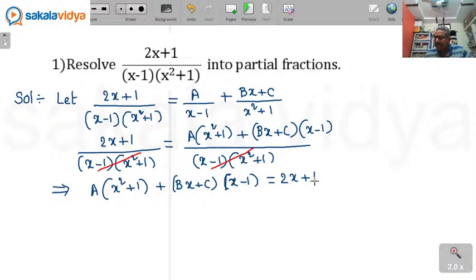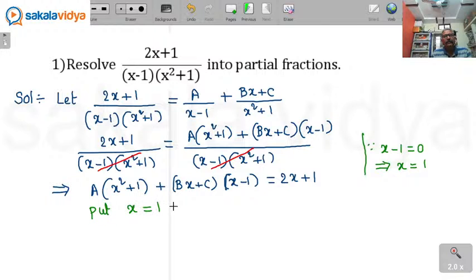So first let us proceed for the substitution. Since we have x minus 1 linear factor, let us suppress the x minus 1 factor. x minus 1 is equated to 0, so we get x is equal to 1.